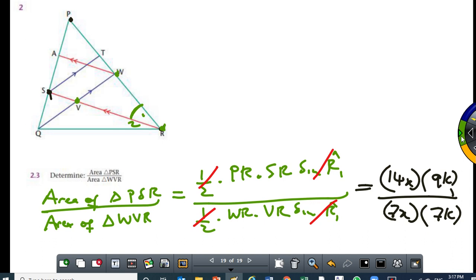Now check this out. The x and the x cancel, the k and the k cancel. In the end, your answer must be a real number. 7 into 14 is 2. So my final answer will be 18 over 7. That's the final answer.